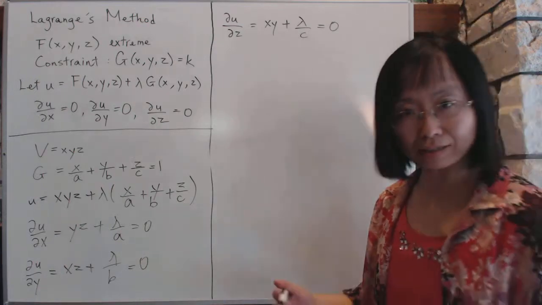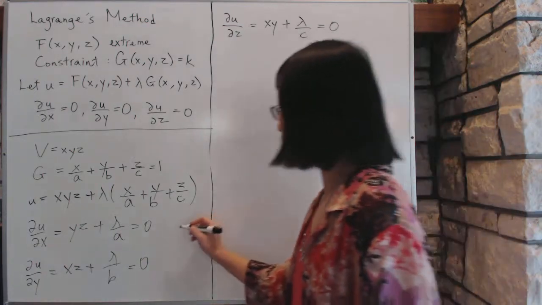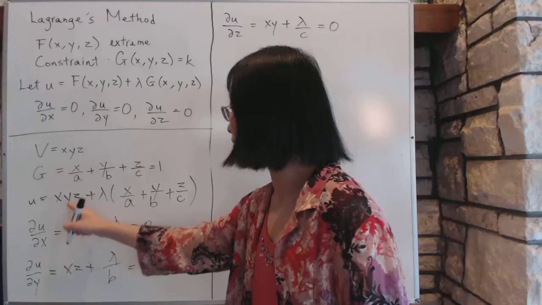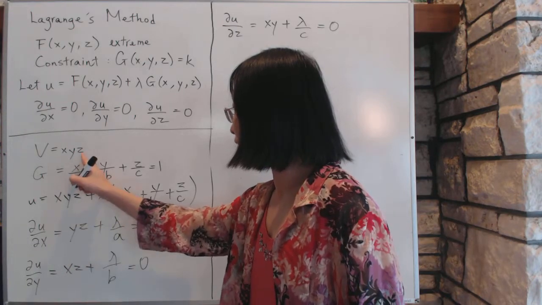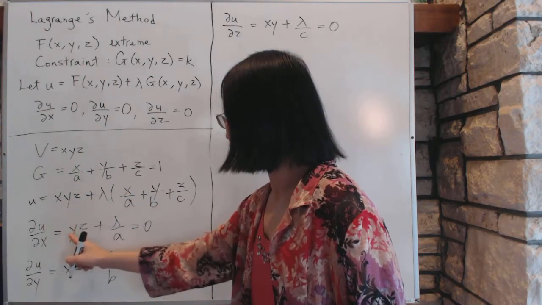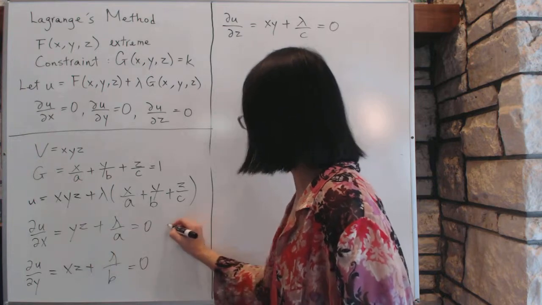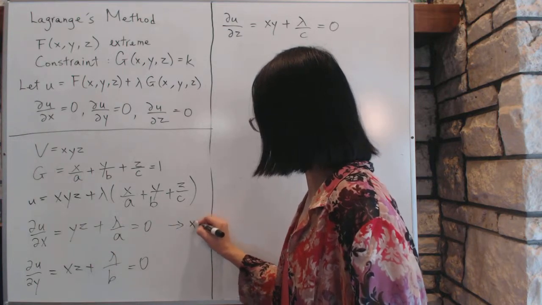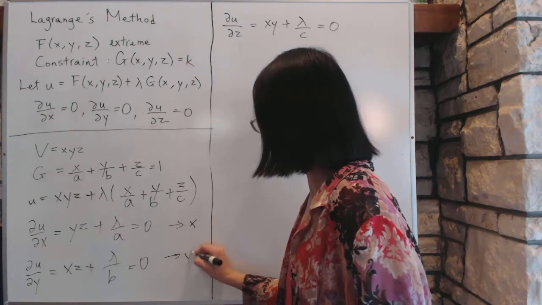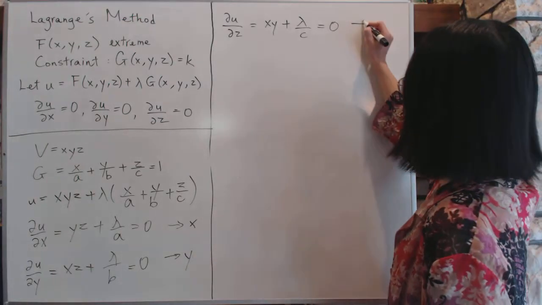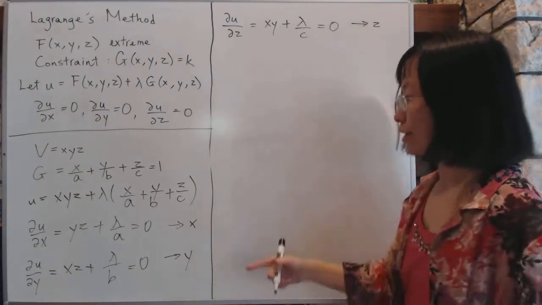And as we did in the earlier example, we'll do this multiplying trick. We want xyz, kind of, and each equation has only two of the variables. So multiply this equation by x, this equation by y, this equation by z, and then add everything up.